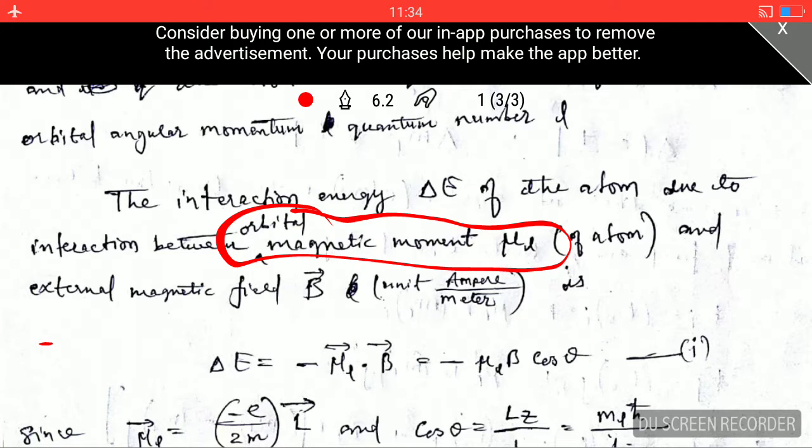Due to this orbital magnetic moment, the atom will behave like a magnetic dipole, like a magnet, and that magnet is placed in some external magnetic field B. So due to that small atomic magnet and the external magnetic field, there will be some interaction.